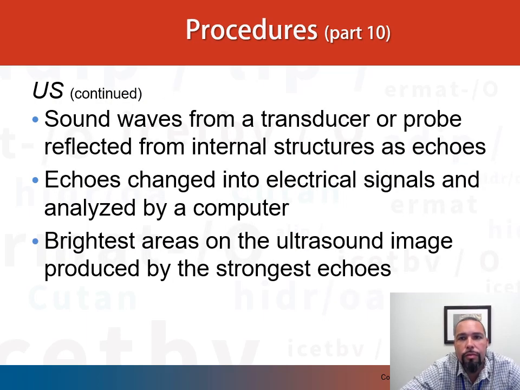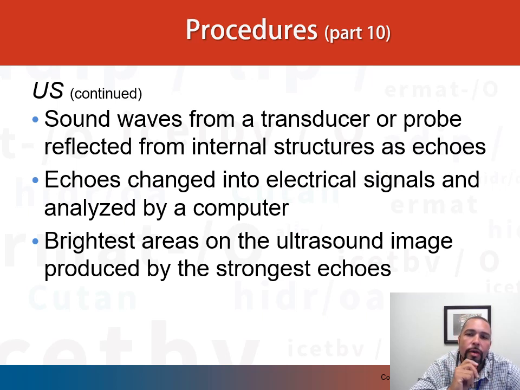Sound waves from the transducer or the probe reflect from internal structures as echoes, kind of like a bat uses an echo to be able to find its way around. This procedure uses a very similar technique.